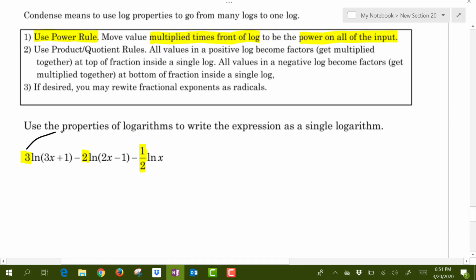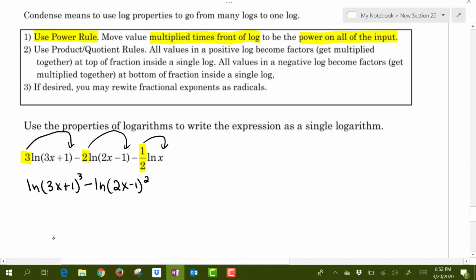Okay, so I'm going to move this to the power on all of the input, move this to the power, and move this to the power. So what we have now is natural log of 3x plus 1, all of that raised to the power of 3, minus natural log of 2x minus 1 squared. Now you'll notice that I left the negative. I never take the sign and put it as a power.